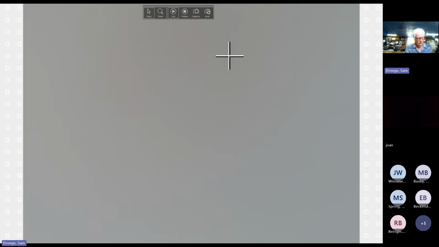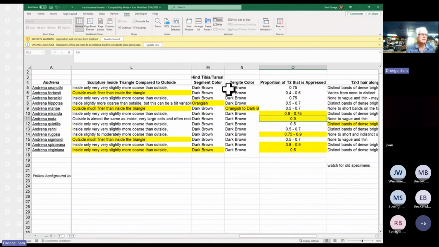Now we flip over to our spreadsheet. The next one is quintilis. Now quintilis, I believe, because I almost never see it, it's more of a Midwestern species, and it falls into that category of more or less difficult to ID. So let's take a look at the characters and then we'll see if we can find them.